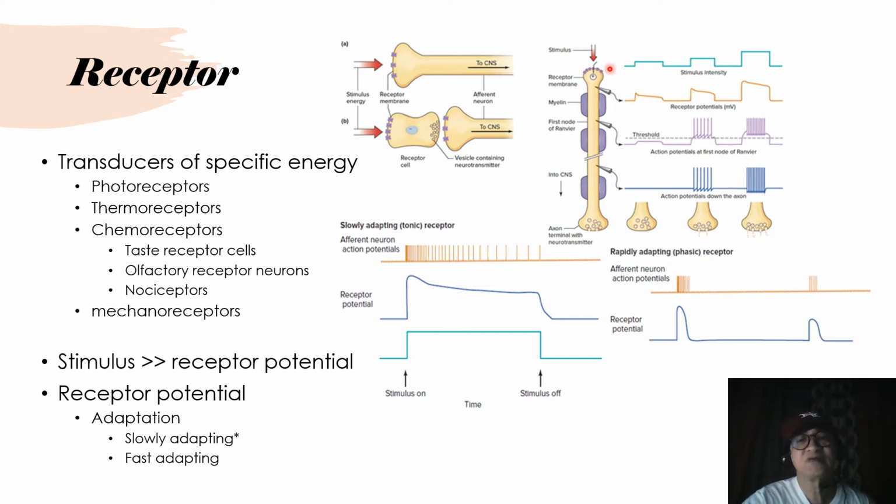So the magnitude or strength of the stimulus can be represented by the frequency of action potentials that are triggered by greater or stronger receptor potentials in the receptor cells.